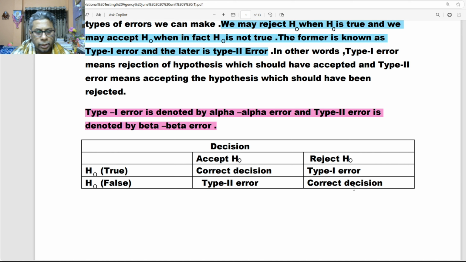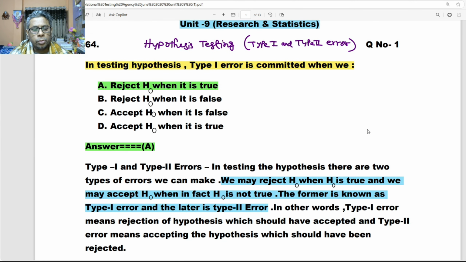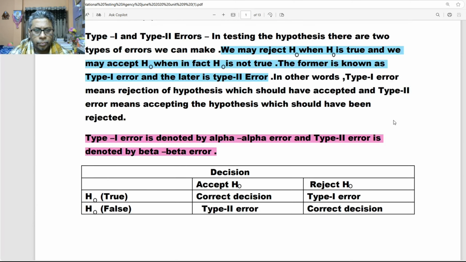This is also a correct decision. So we have to remember two things: in the case of type 1 error, we reject the null hypothesis when it is true, and in type 2 error, we accept the null hypothesis when it is false.